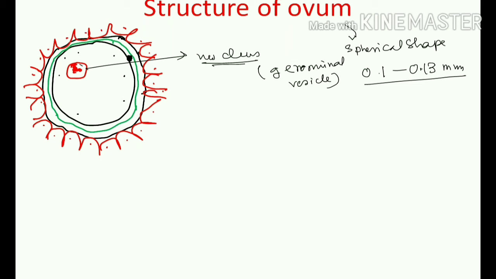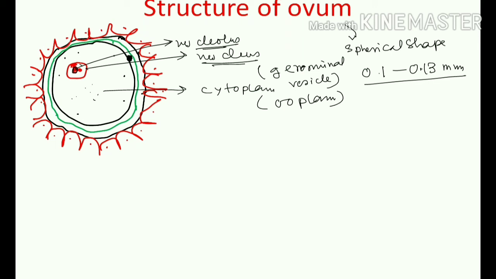Inside the nucleus there is a prominent nucleolus, and this portion is cytoplasm. The cytoplasm of the ovum is also known as ooplasm.